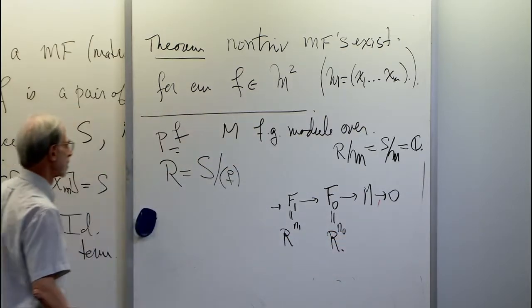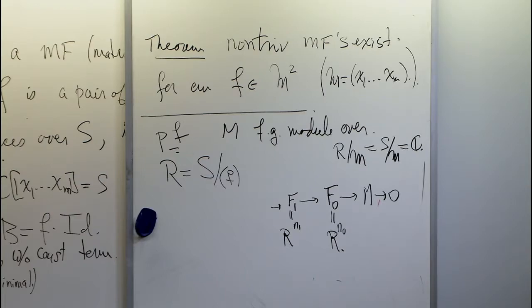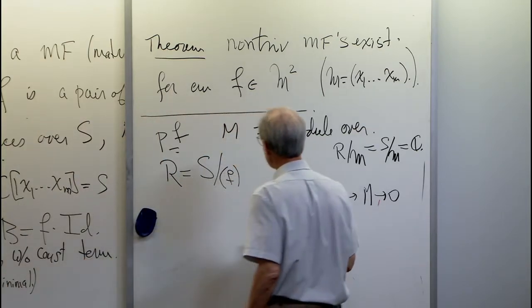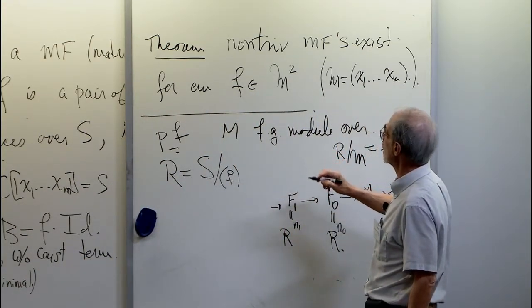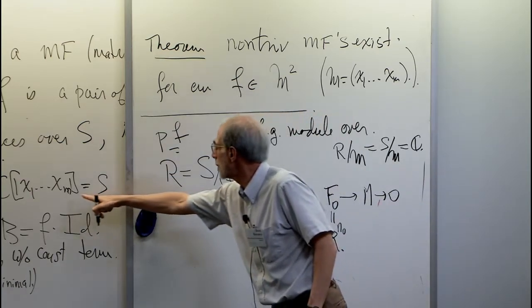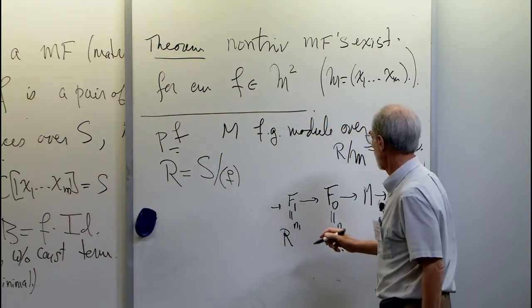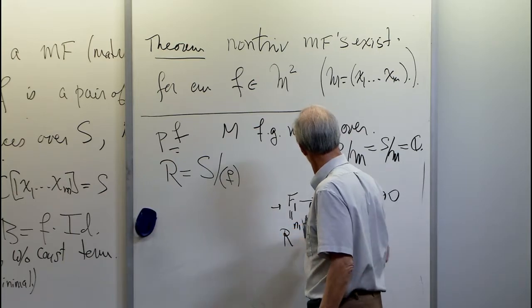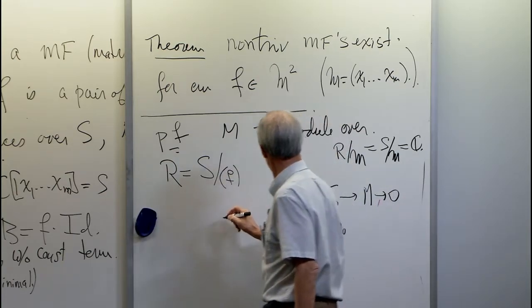Good. Yes, very important. Over S, of course, it would have a minimal resolution, and I'll use that in a moment. So after a while, in fact after m or m minus 1 steps, we come to a module that is in some ways better than M, and I'll try to describe that.